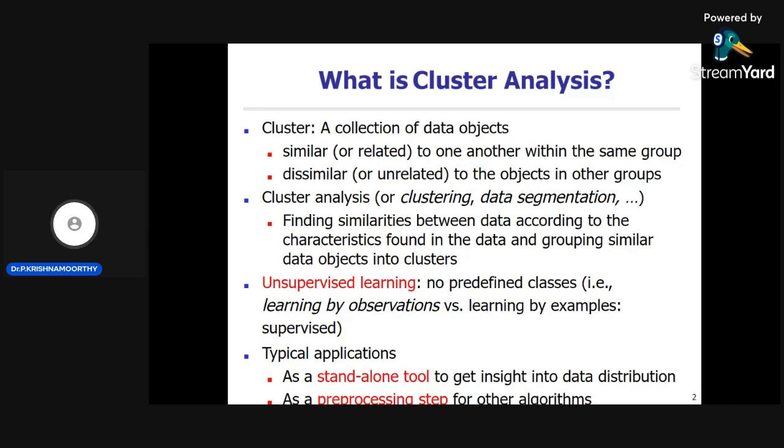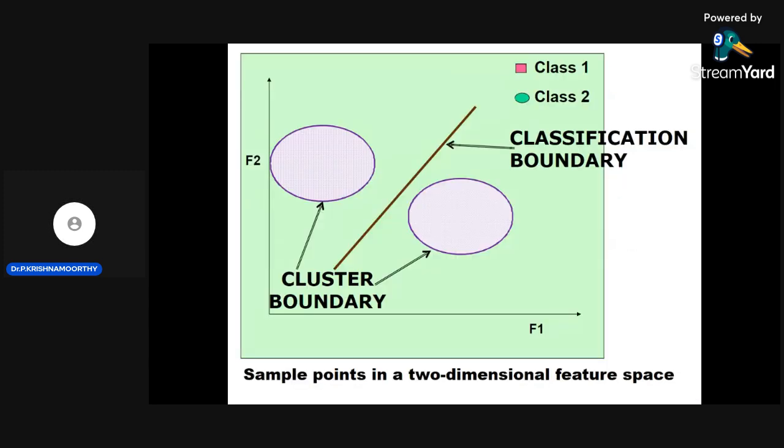Typical applications: we use clustering as a standalone tool, or as a pre-processing step to handle our data. Here we are specifying two clusters, class 1 and class 2, and we specify the cluster boundaries.